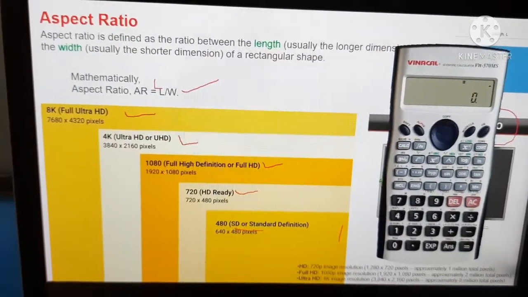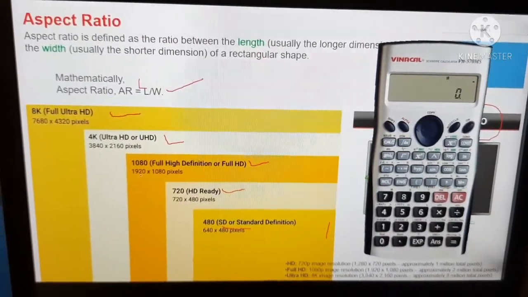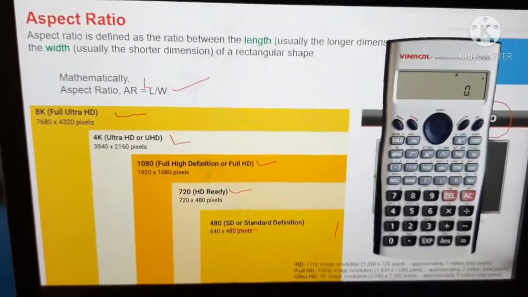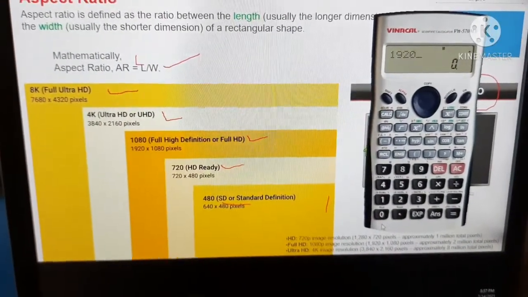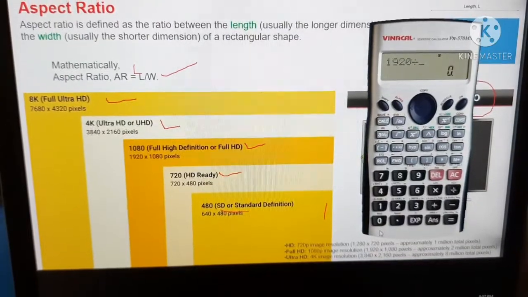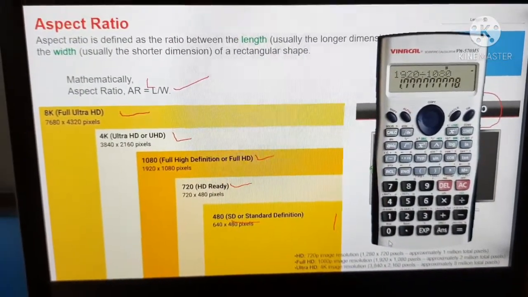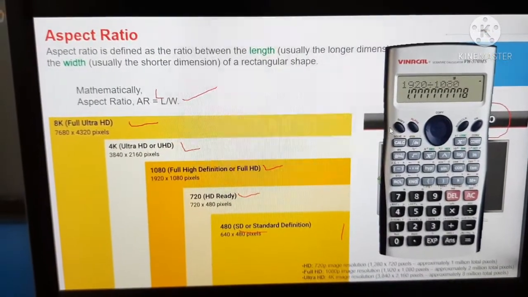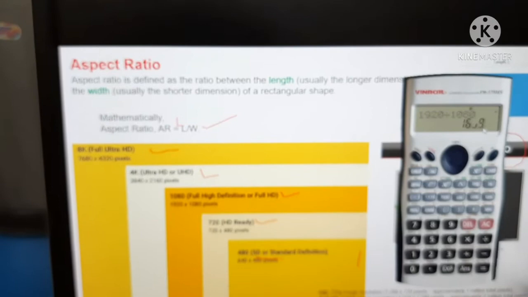You can see here HD means 1920 cross 1080 pixels. So 1920, that is the length, divided by your width, 1080, is your aspect ratio. So this is how you are getting 16:9.